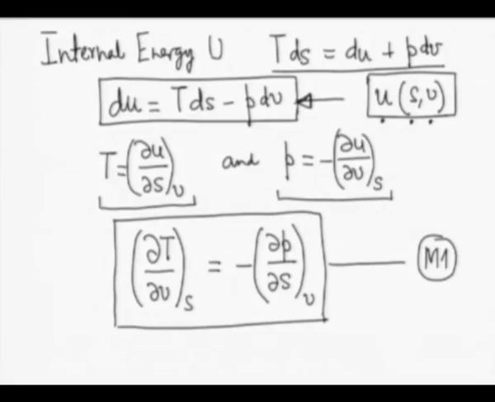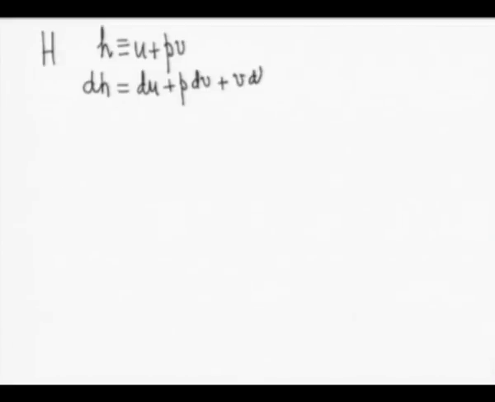Now let us treat in this similar fashion the next energy function, enthalpy. We will work in terms of specific enthalpy. This is U plus PV, and if you expand, you will get dH is du plus pdv plus vdp. This is the definition of H, this is expansion in differential.